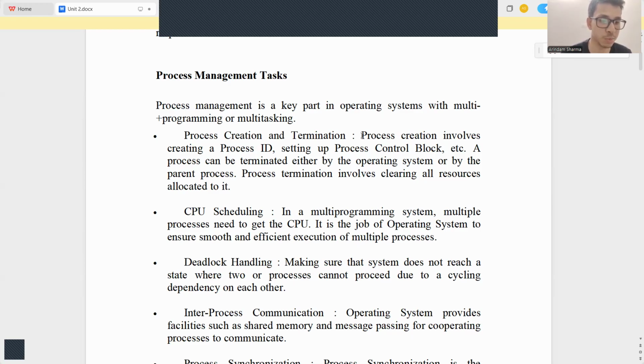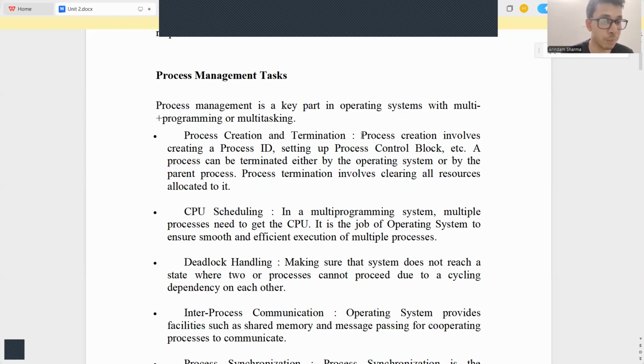The next point is CPU scheduling. In a multi-programming system, multiple processes need to get the CPU. The term itself says multi-programming means there will be multiple programs or processes that need to get the CPU.